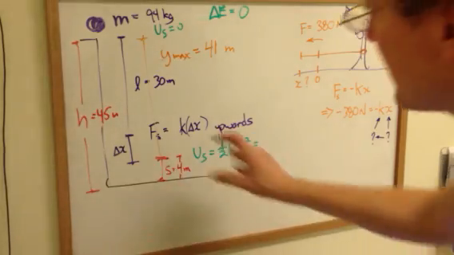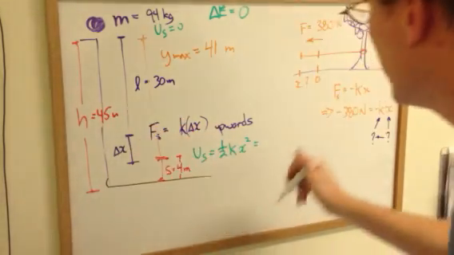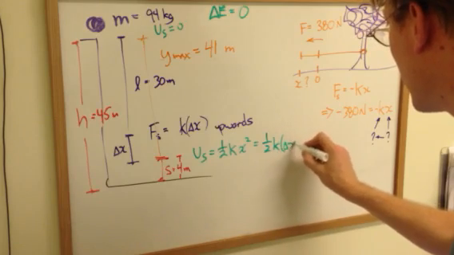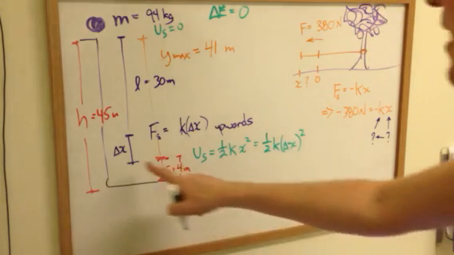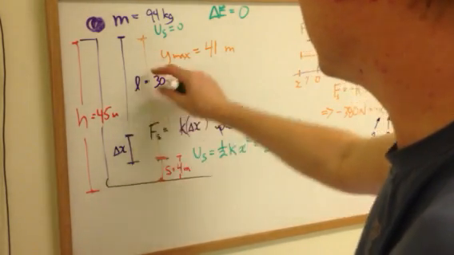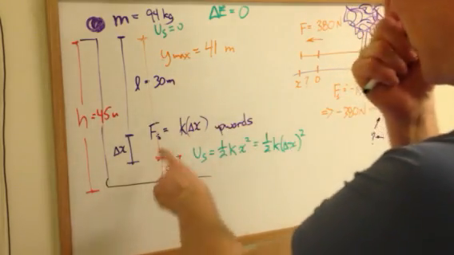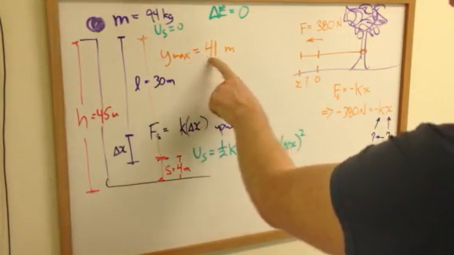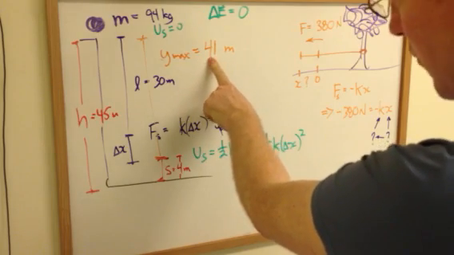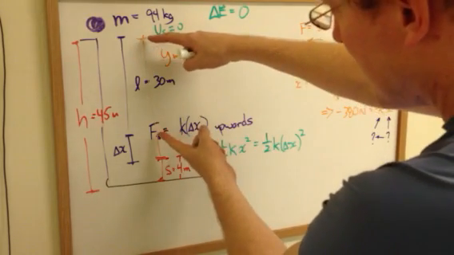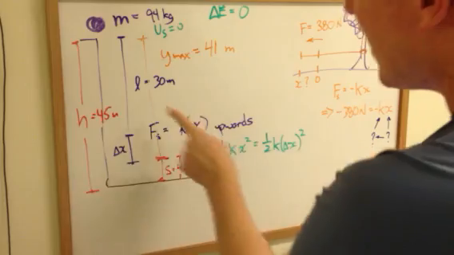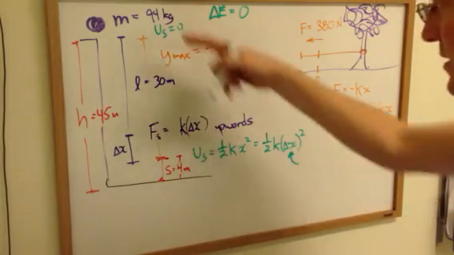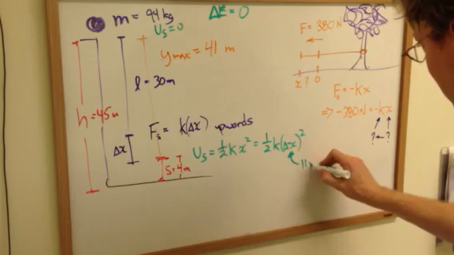And x for us is this delta x, the way I've drawn it. And that was the difference between what I supposedly promised in the question, that he would stretch a maximum of 41 meters, given that the length of the rope was 30 meters. For me, the stretch is 11 meters.